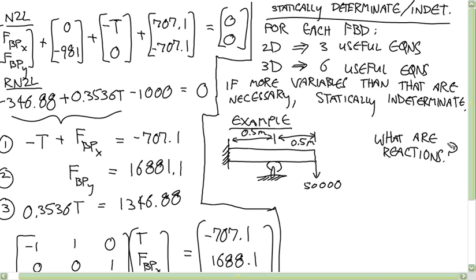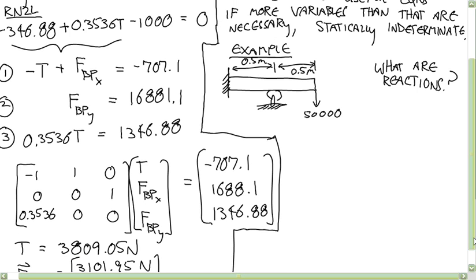The free body diagram then looks like this. You have this known force of 50,000. What kind of load do you have here at the roller? Fy only. That's right.